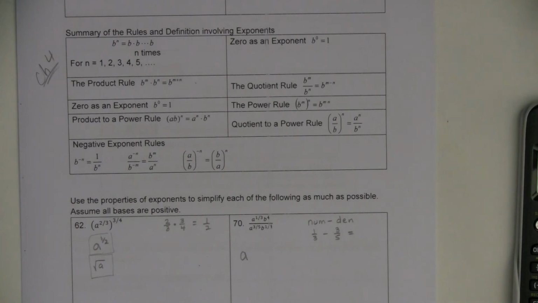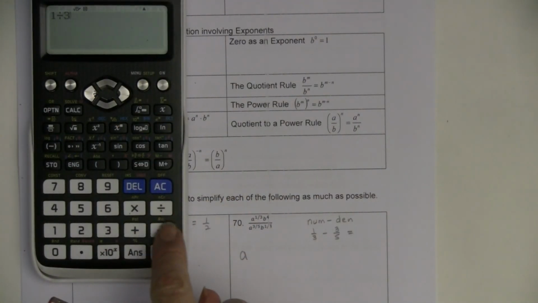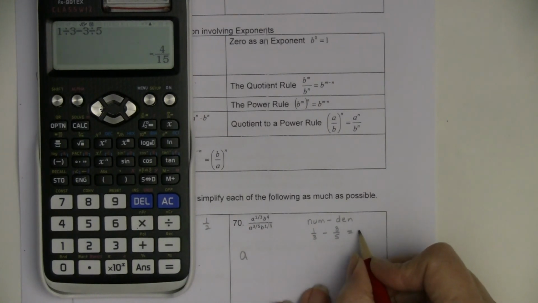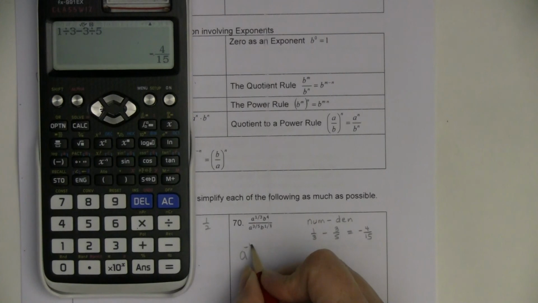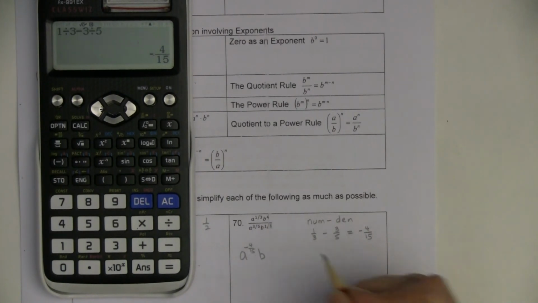I can put it with fractions, or with division like I did there, which is negative 4/15. Or you can do it by hand if you like. So this is negative 4/15. And then b to the 4th, and then it looks like a 1/3 to me.